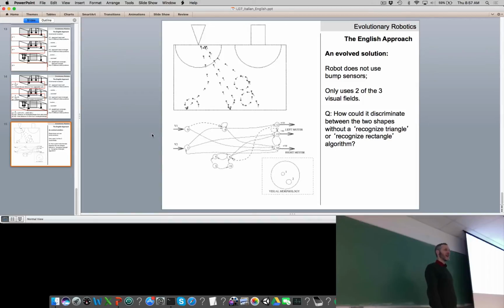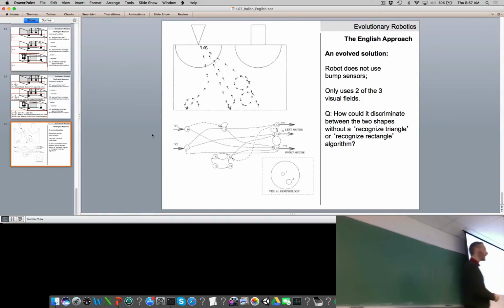Where's the recognize rectangle circuit in here? So this is not like the XOR function. We don't see one part of the network computing, is there a triangle in my field of view? And another circuit computing, is there a rectangle in my field of view? And then combining those partial results.